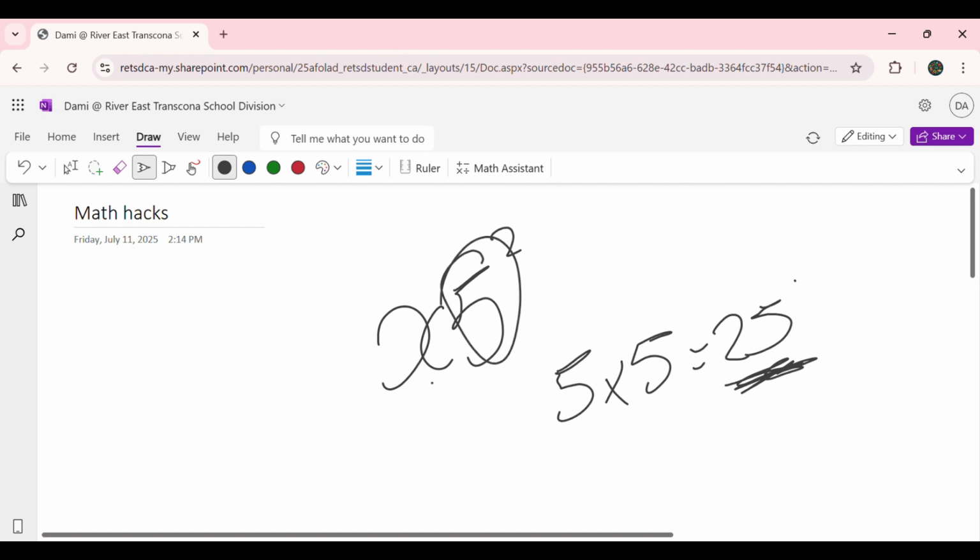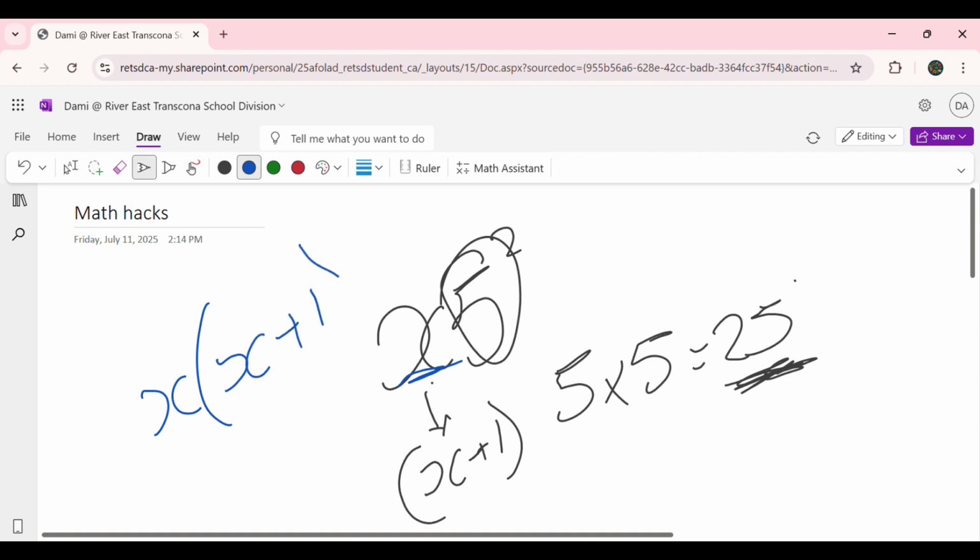Take the first digit x, add 1 to it, then multiply the original x by the x you added 1 to, and then you add 25 at the end.